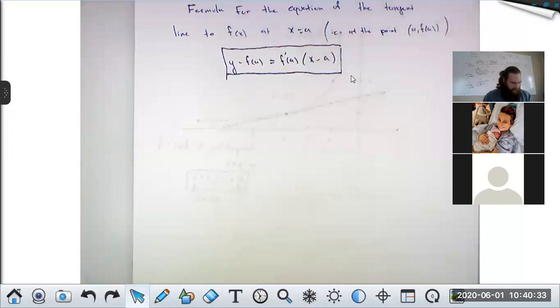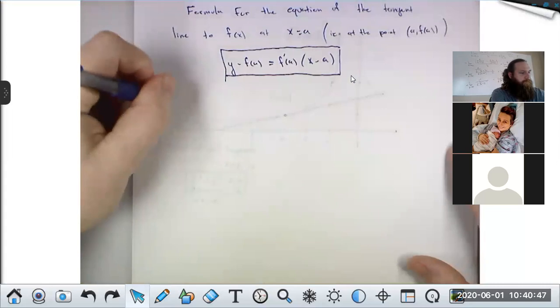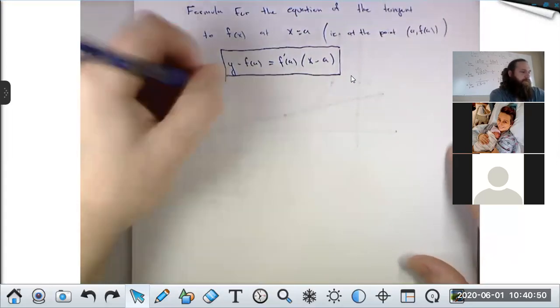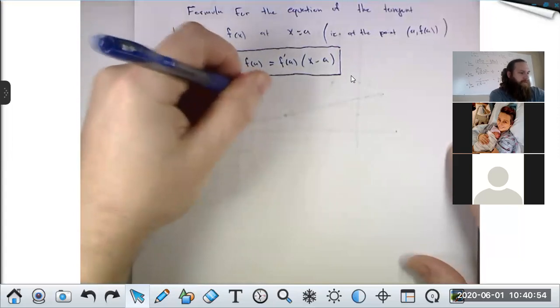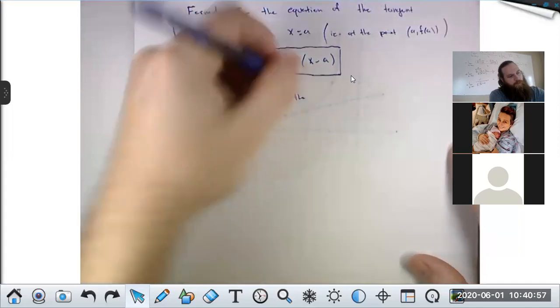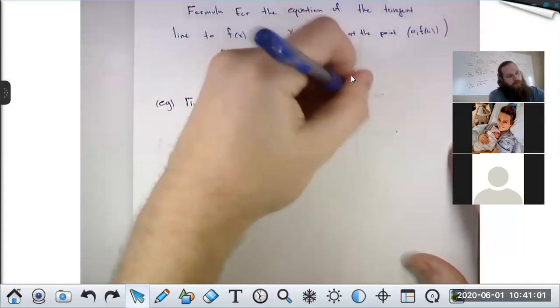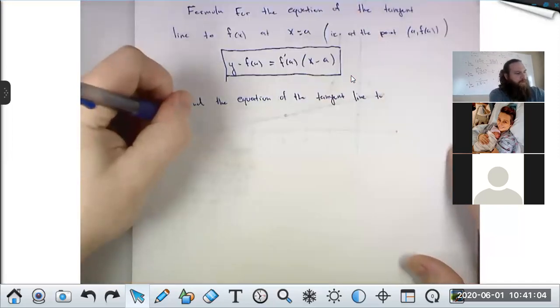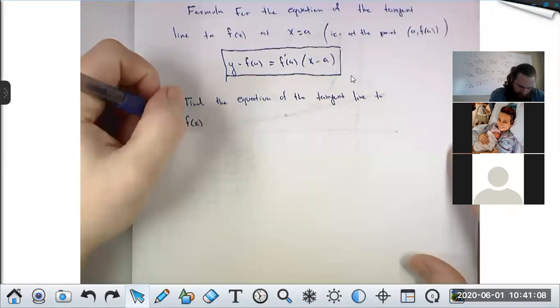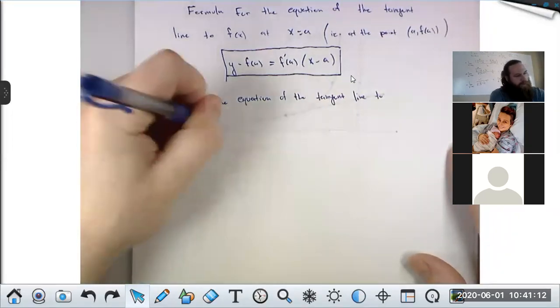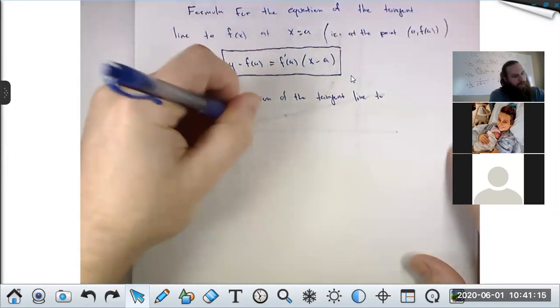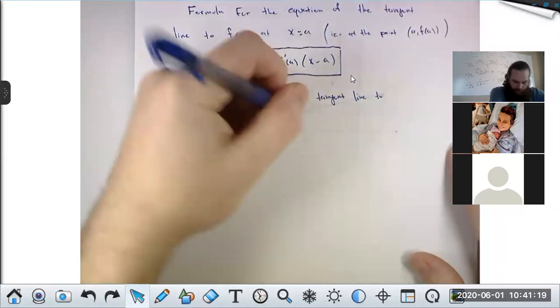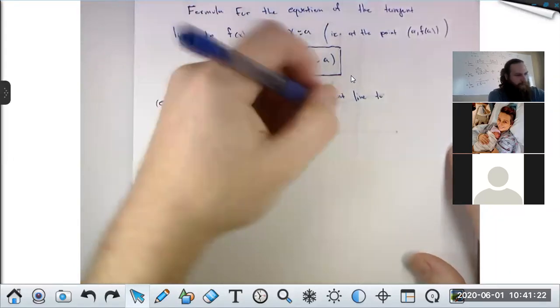Let's find one more equation of a tangent line. Let's find the equation of the tangent line to this quadratic function, f of x equals x squared minus 8x plus 9, at x equals 3 again.